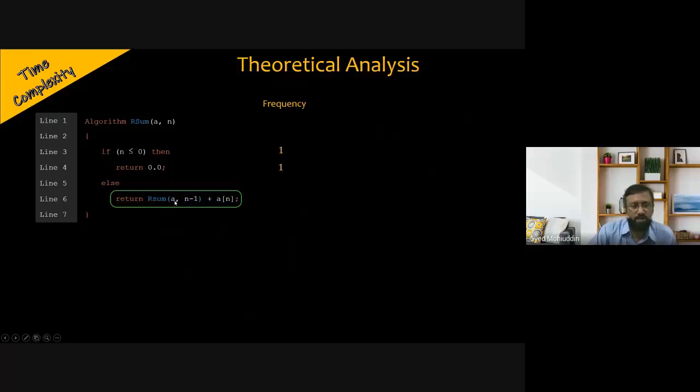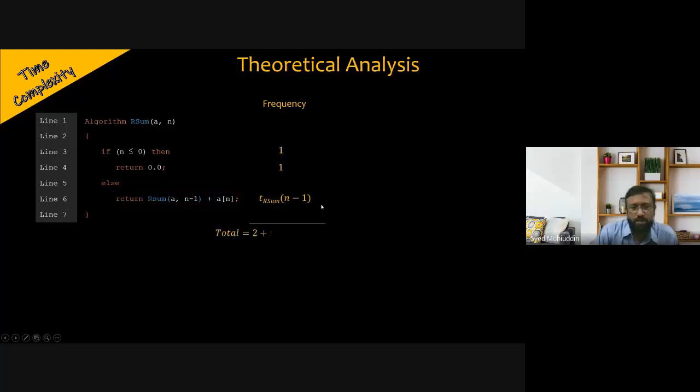So when we have this as n, we are calling this function using n minus 1. If this whole sum function takes time t of n, then we are passing n minus 1, so that call will take time t of n minus 1.